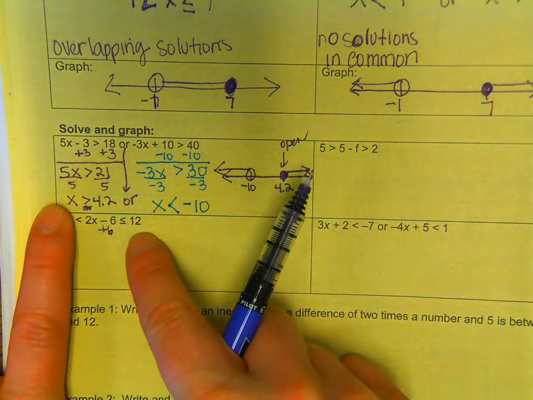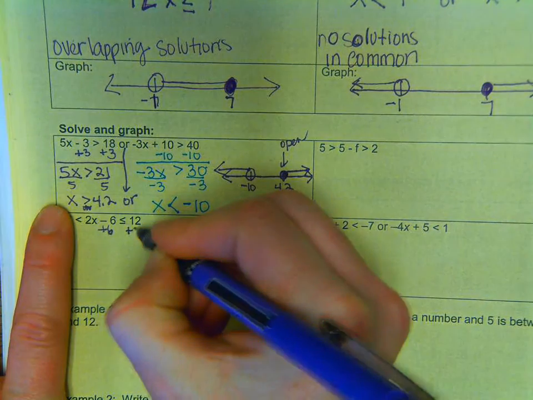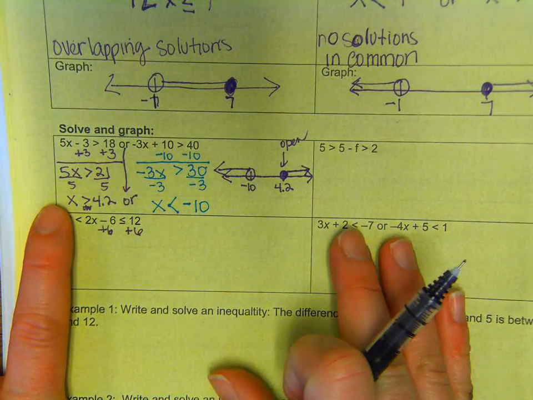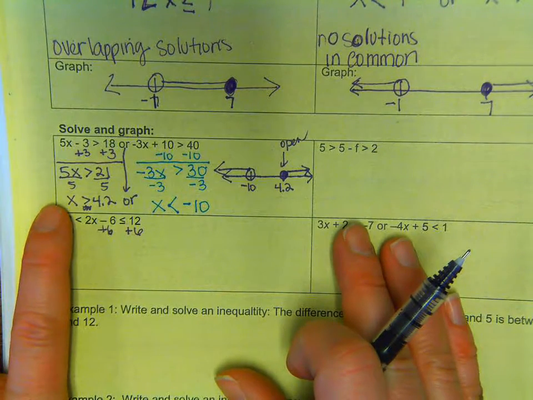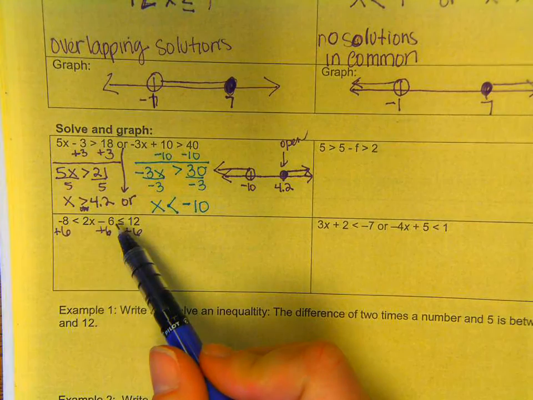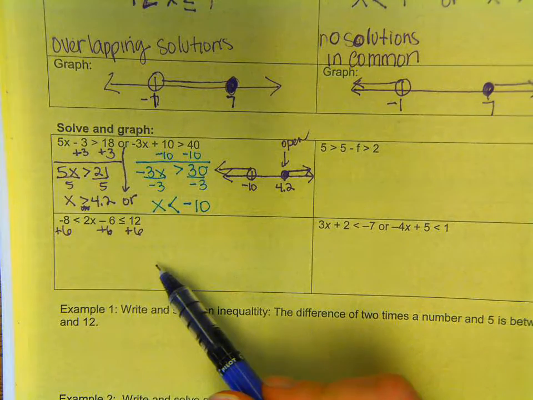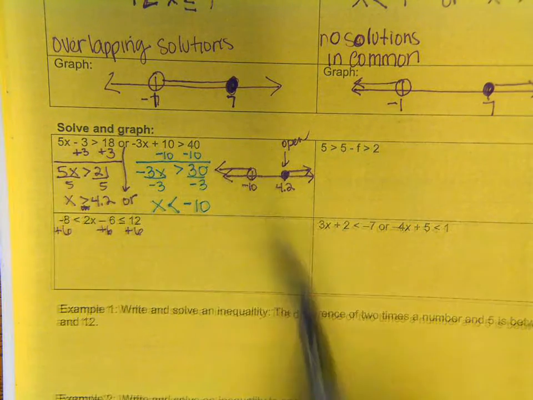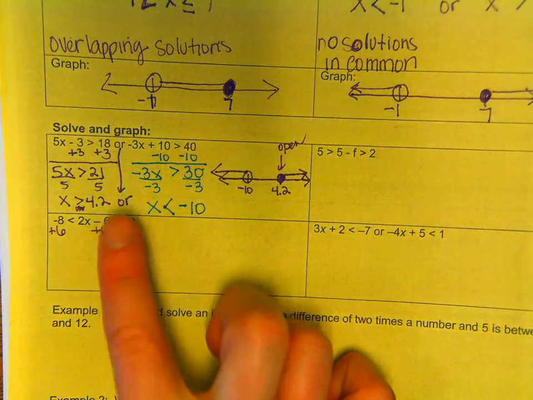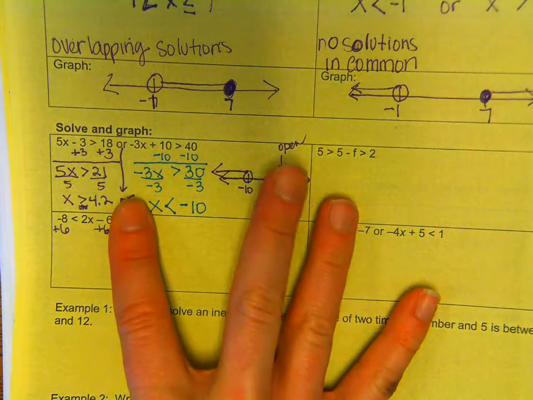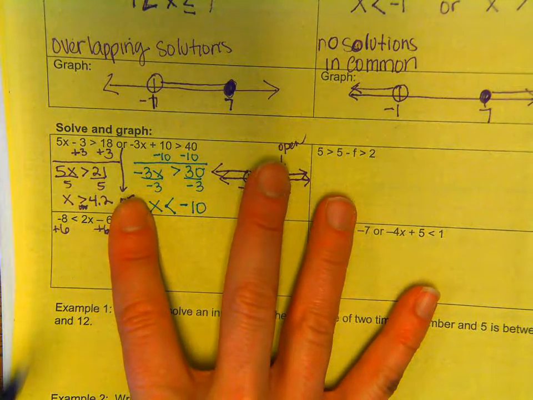You can't say 3 sides because there's no such thing as 3 sides, but you have to add the 6 to both inequalities, okay? Now, you don't have to do the cover up part, but I just think it helps. Let's cover up here. What would you do next then? You do negative 8 plus 6, and then wouldn't you divide by 2? And the same thing here. Wouldn't you do 12 plus 6, and then wouldn't you divide by 2?